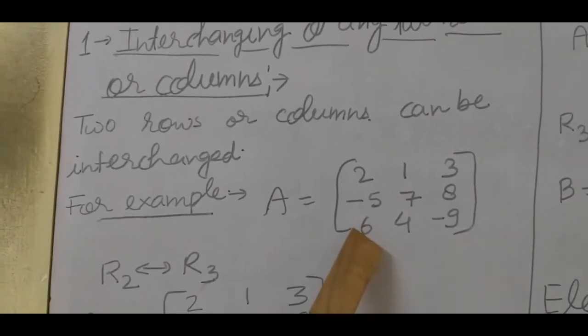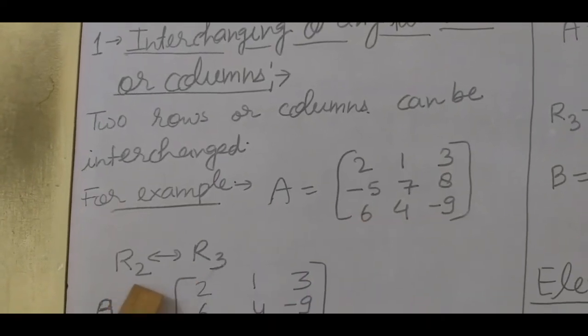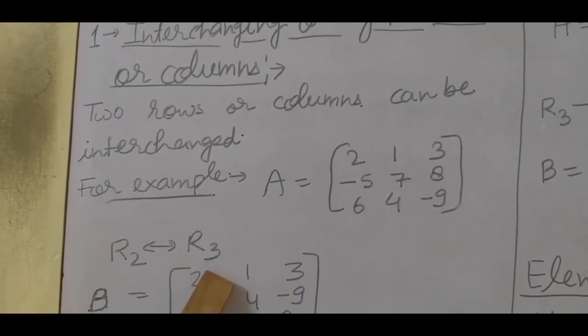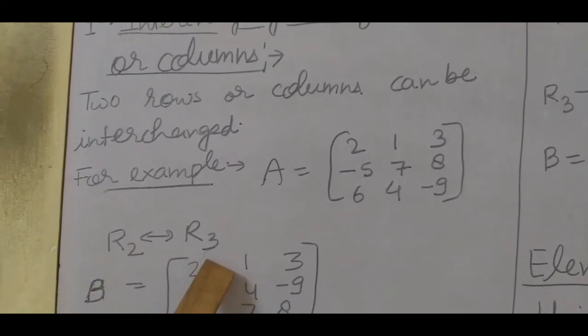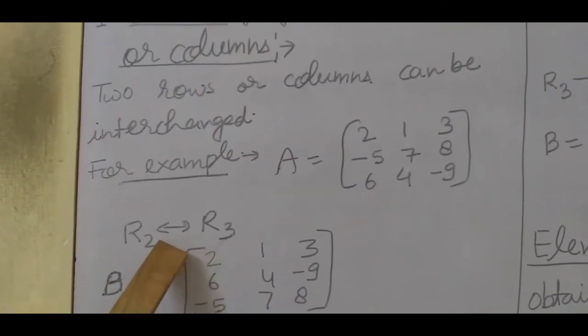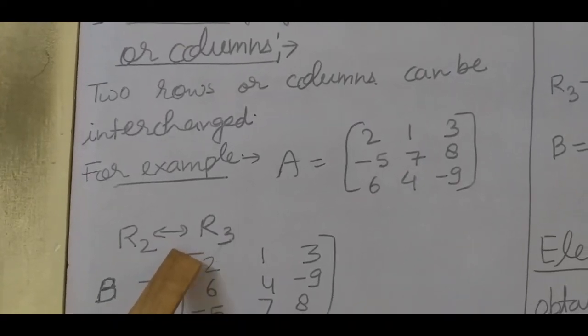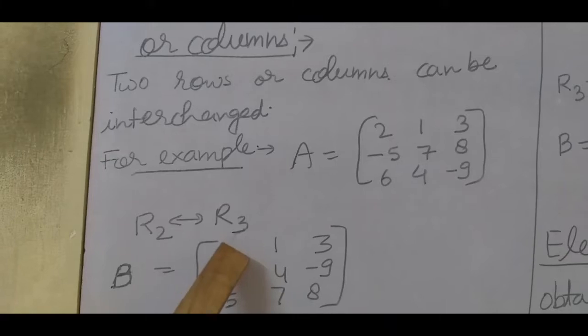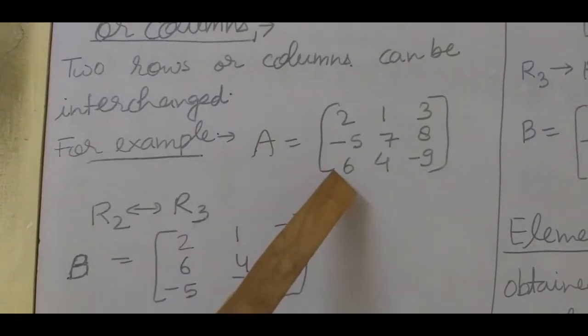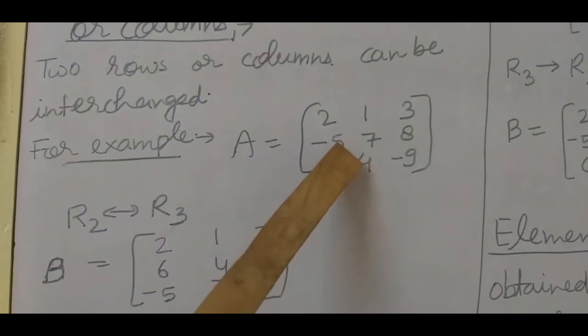Suppose I am going to interchange R2 with R3. So R2 interchange with R3, student. This sign is the sign of interchanging. So R2 and R3 positions will be interchanged.